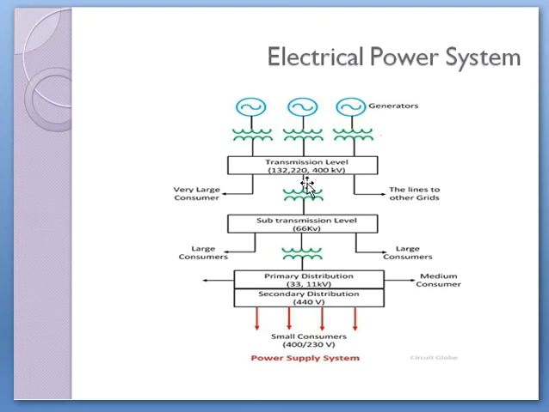On the receiving end, these transmission voltages are again stepped down to a lower voltage, that is now the secondary transmission, to a sub-transmission level voltage, maybe 66 kV, 33 kV, 11 kV and so on.